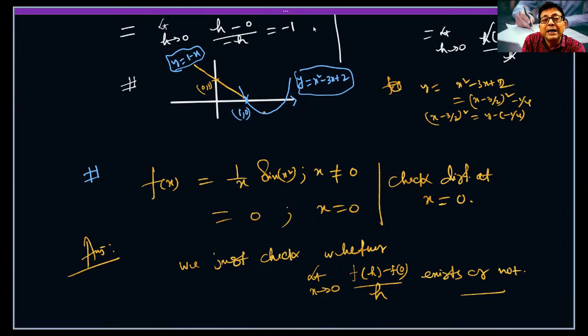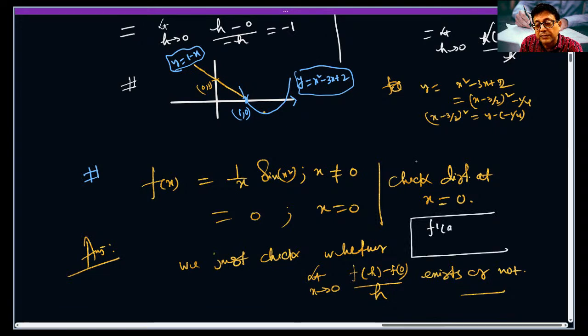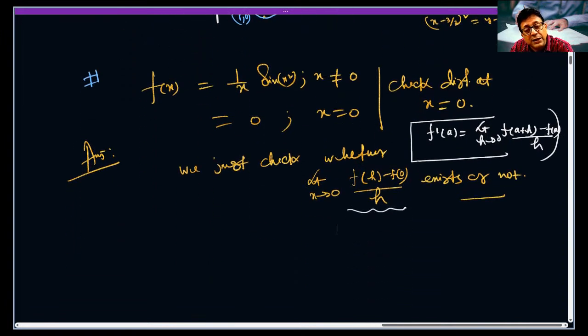Because f dash a, if I remind you, is limit h tending to 0 f of a plus h minus f(a) by h. I have just replaced a by 0. H is there. So if this one exists, then it will be differentiable. Unique tangent is possible. No need to calculate the left hand derivative and the right hand derivative separately.